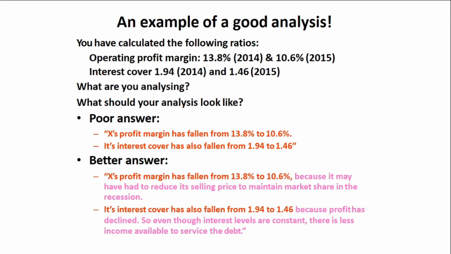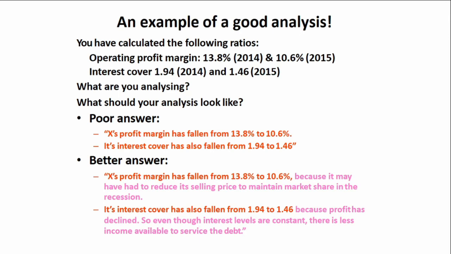So if we say X's profit margin has fallen from 13.8% to 10.6%, then this is a poor answer if we leave our answer at that, because we are simply saying what has happened, but we have not given the implications of this or explained why it has happened.